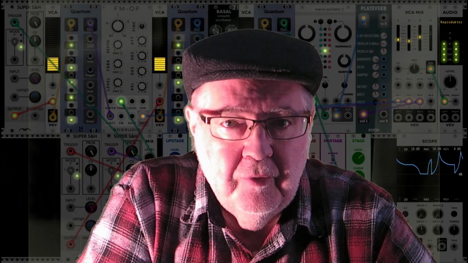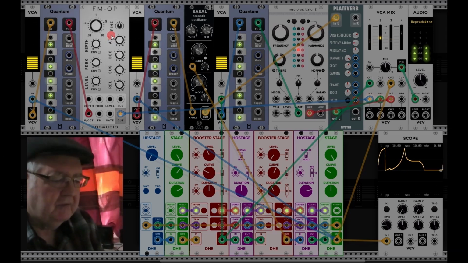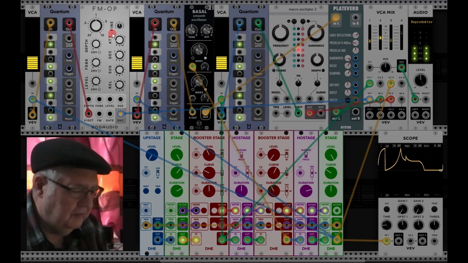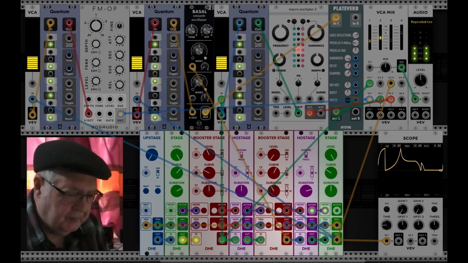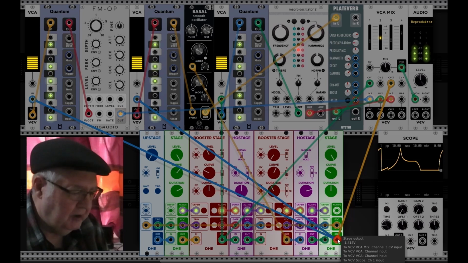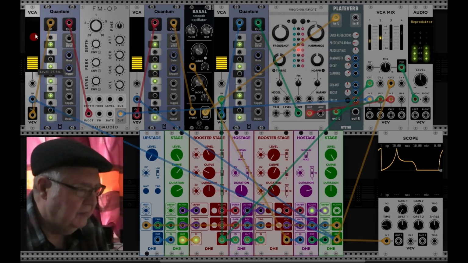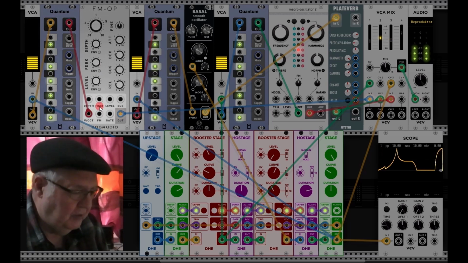All right, what does our complex envelope do with each of these 3 voices then? The first voice gets its pitch CV from the quantized version of the overall envelope, fetched from its rightmost stage module's output into the VCA to attenuate the voltages, the levels a bit, then the quantizer and FM operator.